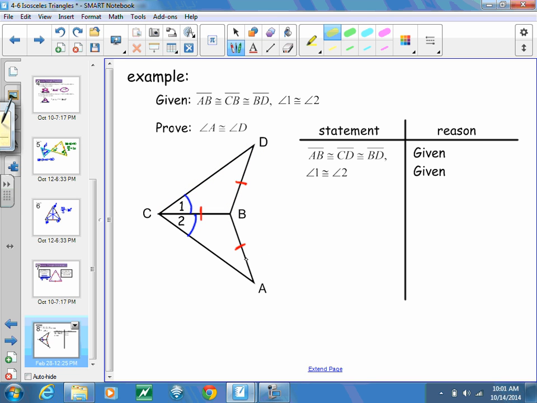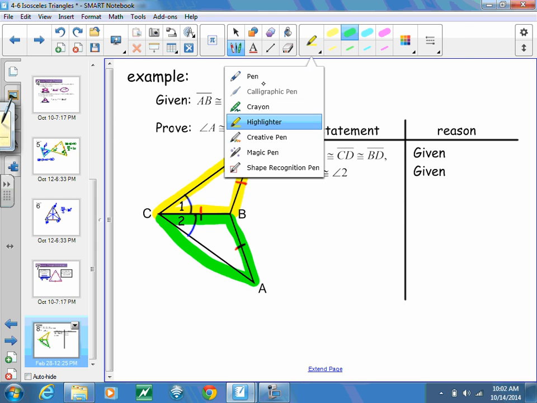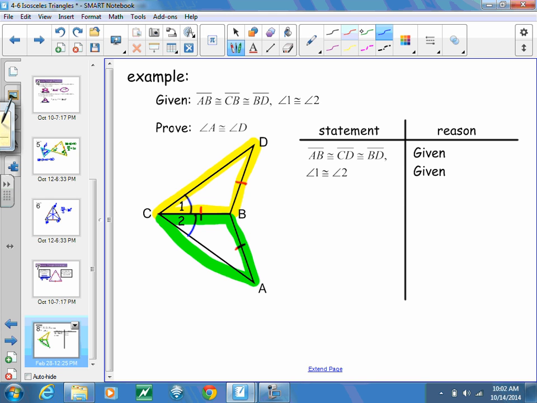With all the information that's given to us here, I have two isosceles triangles. There's one in yellow and there's one in green. Because of the isosceles triangle theorem, the two base angles have to be congruent to each other.